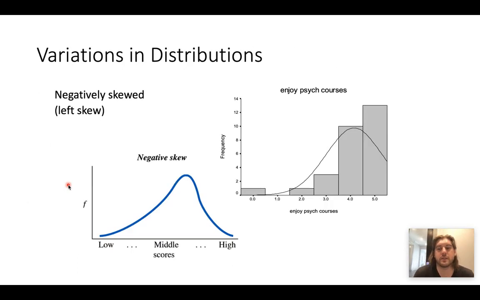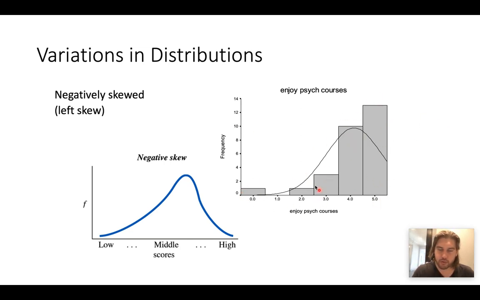When we flatten these out and make them into a smooth curve, we call these distributions. So we can take a frequency histogram like this. This is how much did you enjoy your psych courses, 0 to 5. We see here on the y-axis frequency. Lots of people enjoyed it, rated as a 4 or 5.